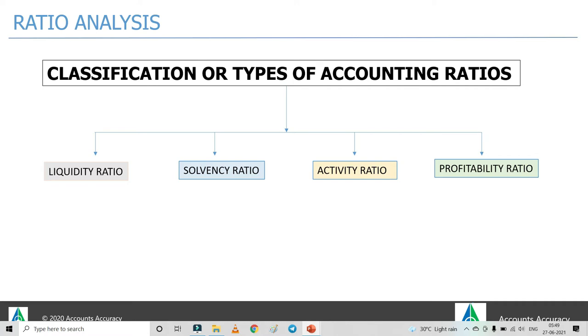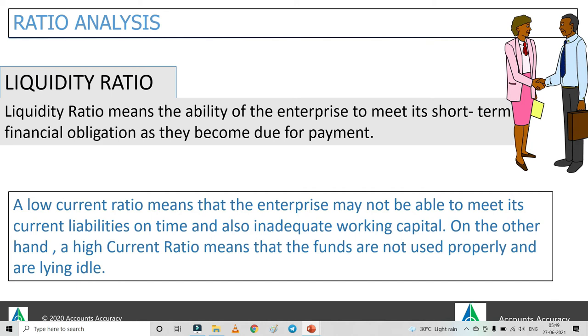Let us study next the liquidity ratio. Liquidity ratio means the ability of an enterprise to meet its short-term financial obligations as they become due for payment. And you know that any company's reputation depends upon its readiness to pay its loans.